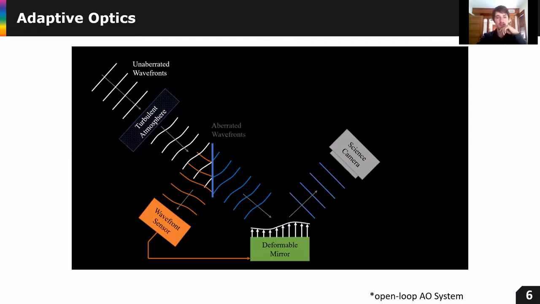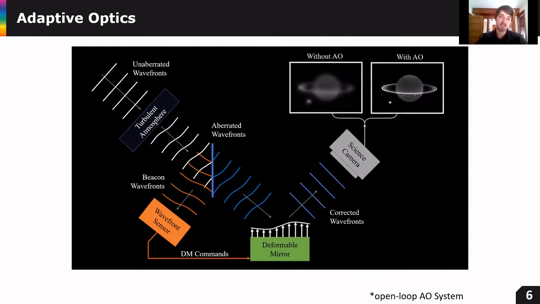Then a beam splitter takes these aberrated wavefronts and sends them off to a wavefront sensor. The wavefront sensor measures the shape of these wavefronts and sends this shape to a deformable mirror. And this deformable mirror deforms opposite to that shape, such that when the distorted wavefronts reflect off of it, they reflect corrected. And the effect of this is an image which in telescopes is nice and crisp and high resolution.